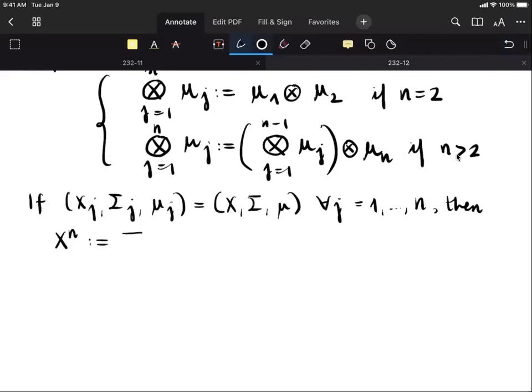So this is the usual notation for the Cartesian product, and we adapt this in the case of the sigma algebra. And likewise with the measure.